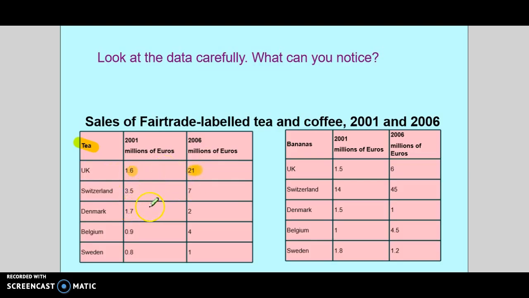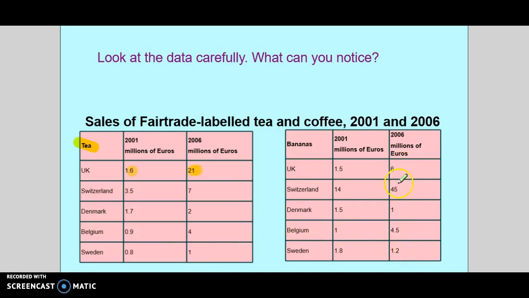We can see also that every country spent more money in 2006 compared to 2001 on tea. So from 1.6 to 21, from 3.5 to 7, this has doubled. A small increase, a big increase, and a small increase, but everything has increased, and that is an overview, a general trend of the table.